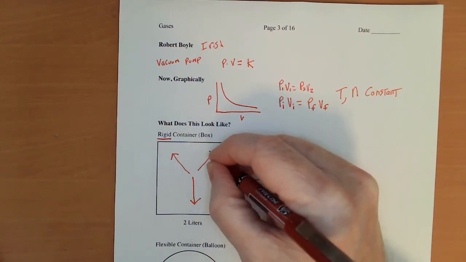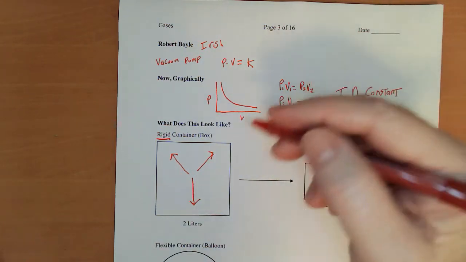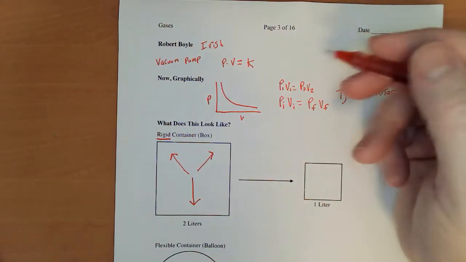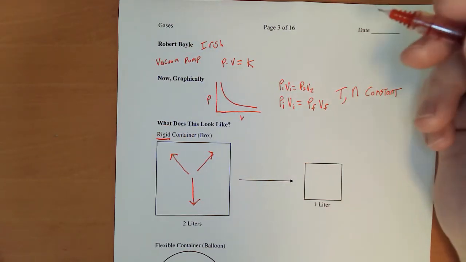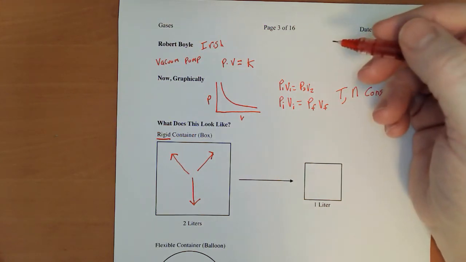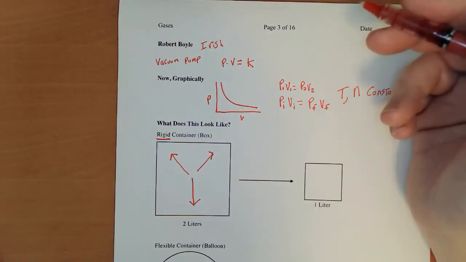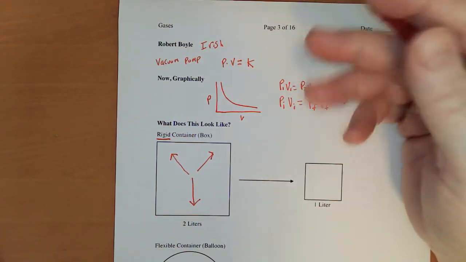They are in motion, which is why I'm drawing them as arrows. Okay? These arrows are going to be colliding with the walls of the container. Those collisions with the walls are what causes pressure. That's what pressure is. Collisions with the walls of the container. And the force exerted per unit of area is the pressure.